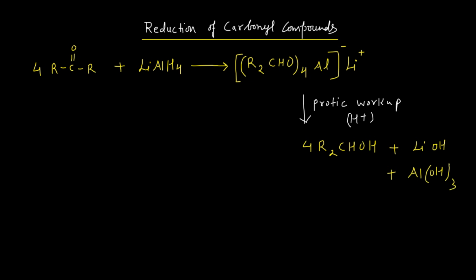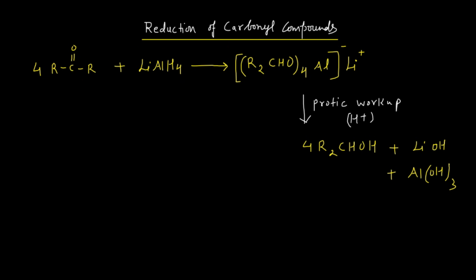Okay. The very important thing, or the advantage of using lithium aluminium hydride as a reducing agent, is that we can reduce four moles of carbonyl compounds to the alcohols with the help of only one mole of lithium aluminium hydride.